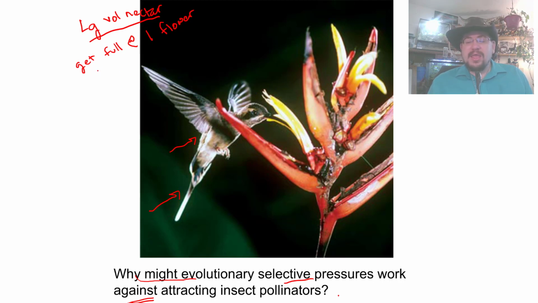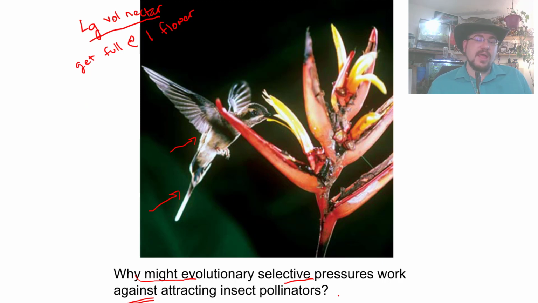So, because those large volumes of nectar would completely fill up an insect pollinator such that it wouldn't need to visit anything else and thus wouldn't transfer pollen, we have adaptations to prevent or at least avoid insect pollinators from finding this plant.